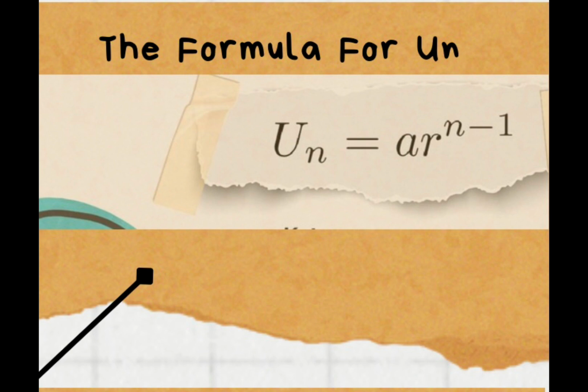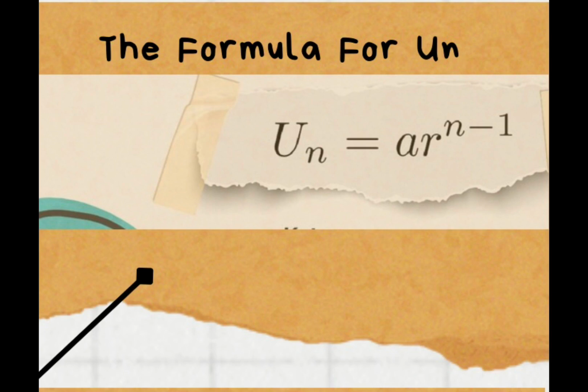And another example, I want to tell you about the formula for Un. For Un, we use a geometry sequence to find n. The formula is like this: Un is equal to a times r to the power of n minus 1.